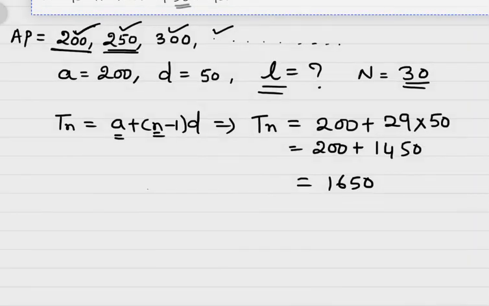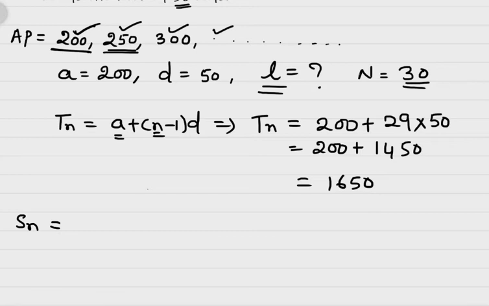Now children, you have to see that on the 30th day he will be paying rupees 1650. But for the delay of work of 30 days, for the first day he is paying 200, for the second day he is paying 250, and on the last day he is paying 1650. So what will be the sum total of all the amount he has to pay?